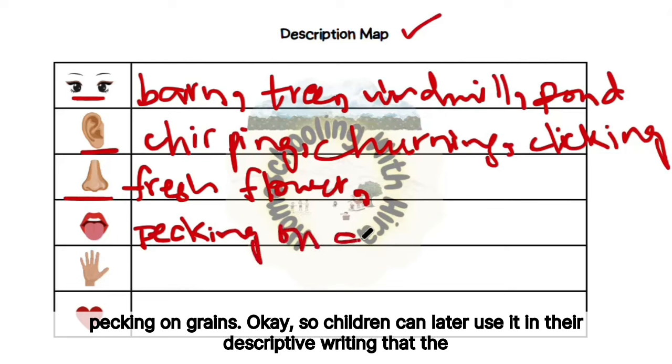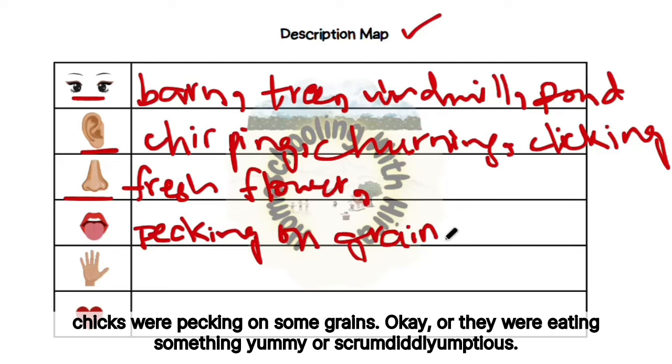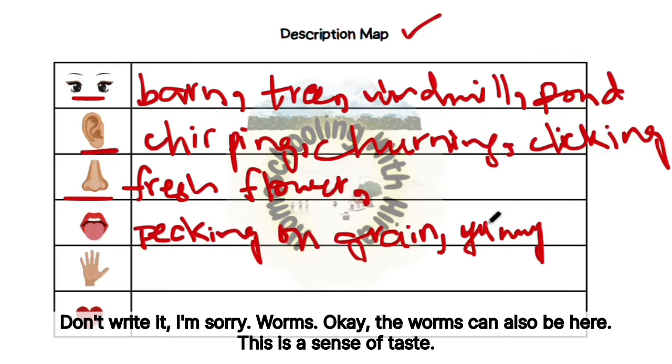Okay, so children can later use it in their descriptive writing, that the chicks were pecking on some grains. Okay, or they were eating some yummy or scrumdiddlyumptious. Don't write adjectives here, I'm sorry. Worms. Okay, the worms can also be here. This is a sense of taste.